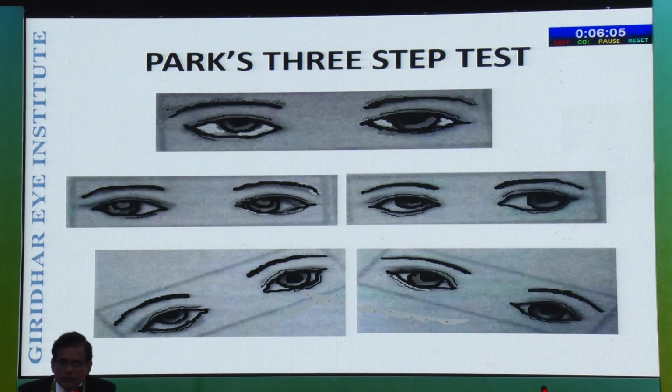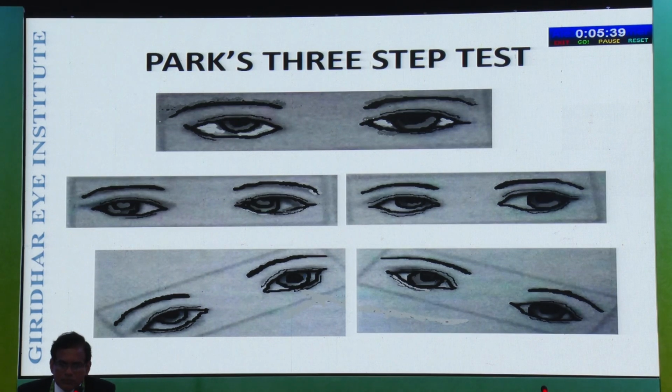If you have a patient with right eye hypertropia, the first thing you have to do is tilt the head towards the right. If the hypertropia increases, then you are dealing with either right superior oblique palsy or a left inferior oblique palsy. The next thing is to turn the face towards the left.